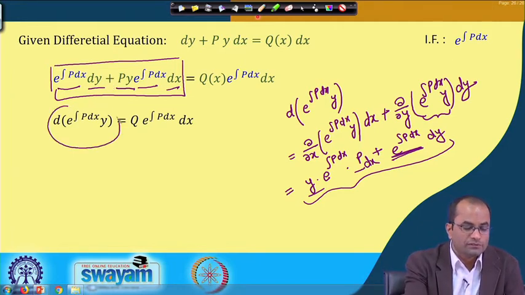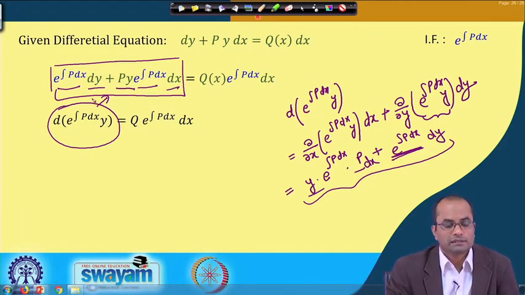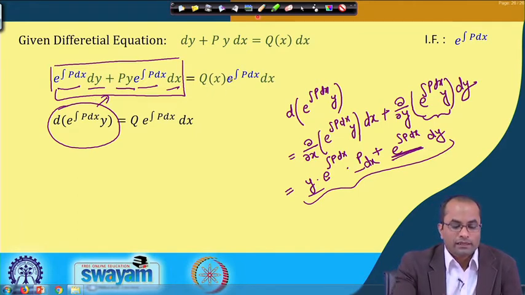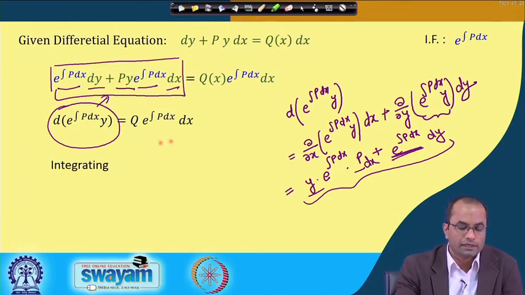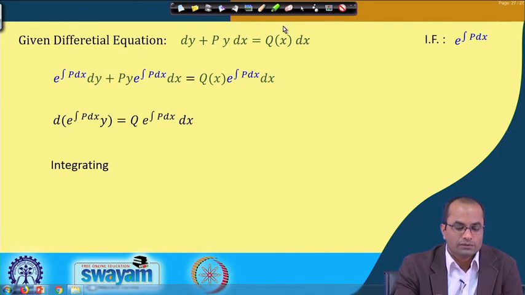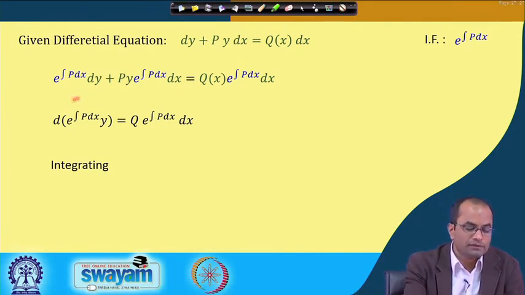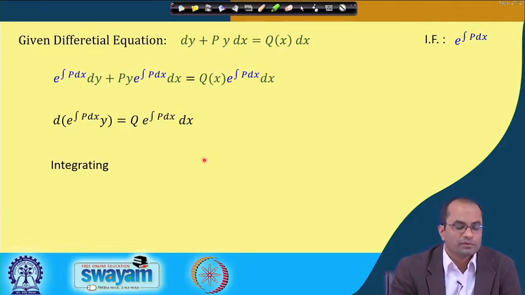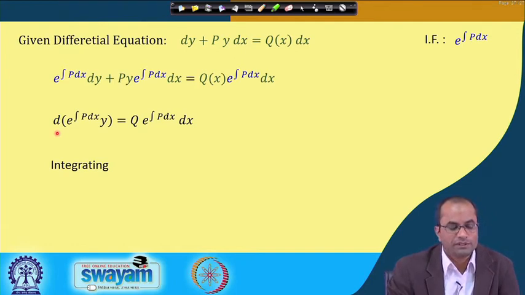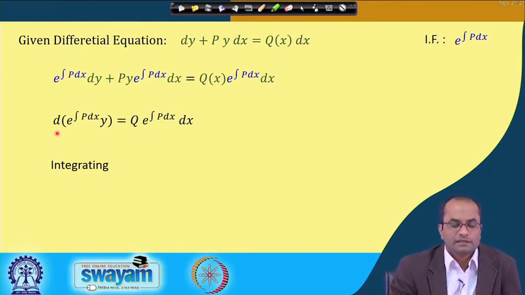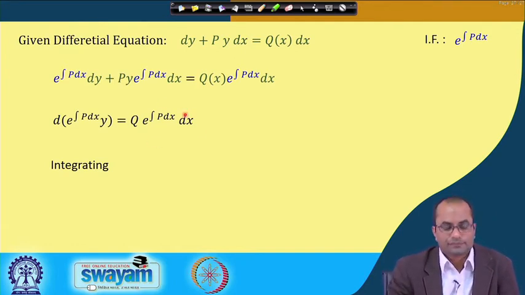So, this is the total differential of the function e to the power of the integral of p dx times y, and the right-hand side is q times the exponential e to the power of the integral of p dx, dx. What is the point now? We can easily integrate this equation, because on the left-hand side we have the differential of e to the power of the integral of p dx times y, and the right-hand side is some function of x.